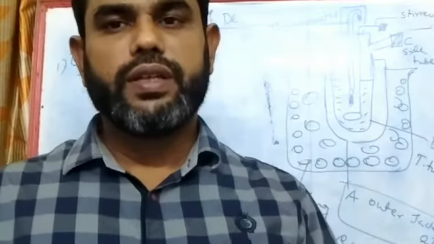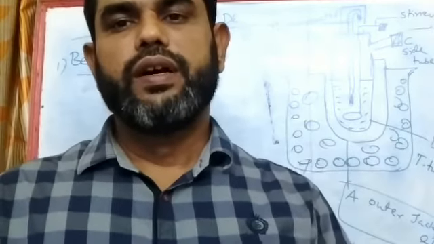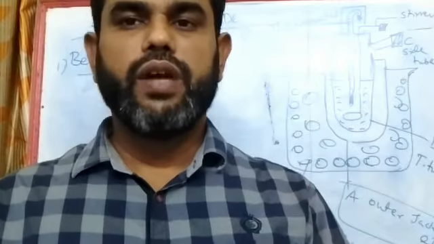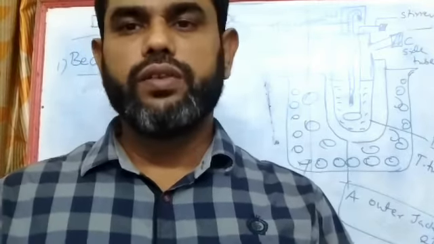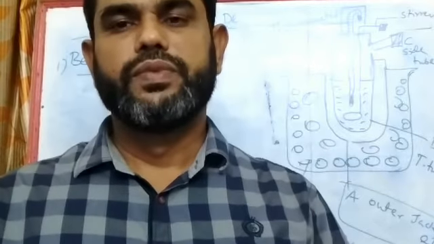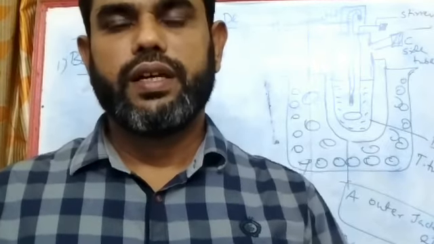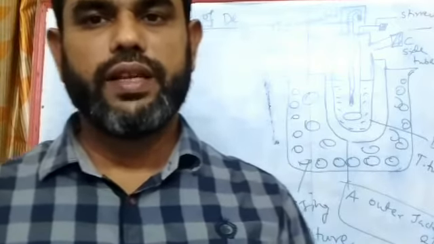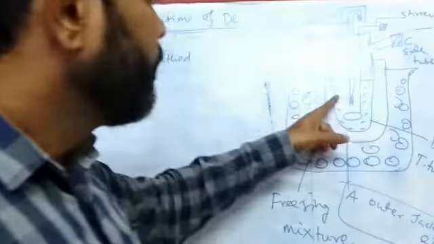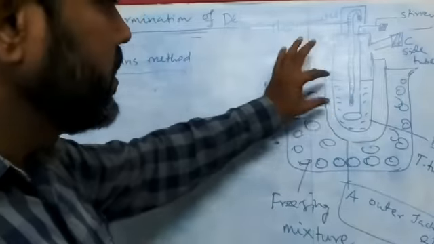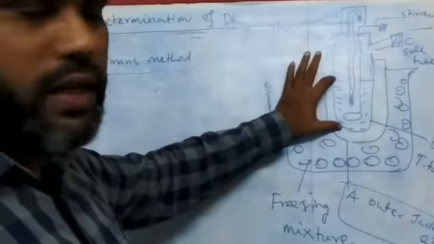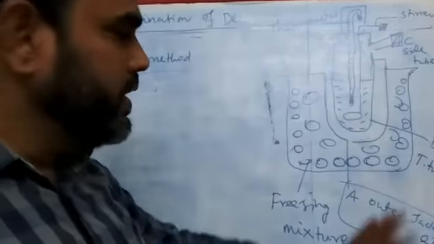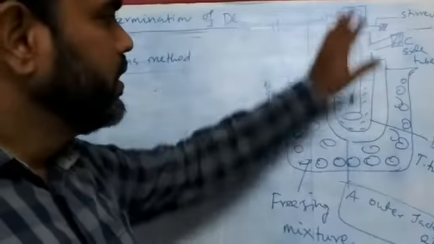Suppose you take 5 gram of camphor, then you have to take 0.25 to 0.5 gram of any solute, naphthalene or something like that. First you take only the solvent and keep it in a freezing mixture.